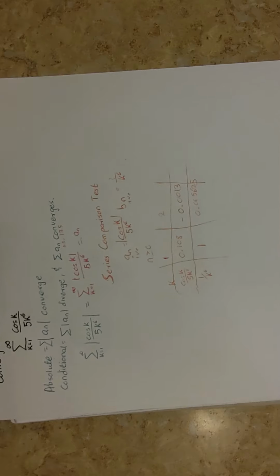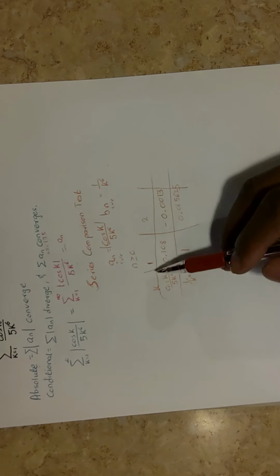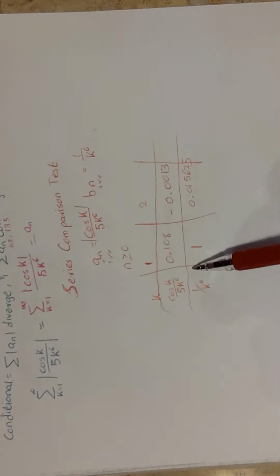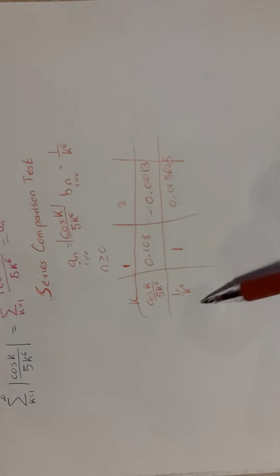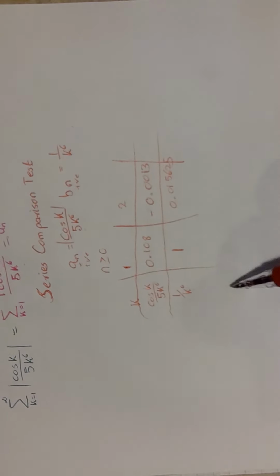So at this point, we can establish that 1 over k to the 6th is greater than cosine k over 5k to the 6th, right?